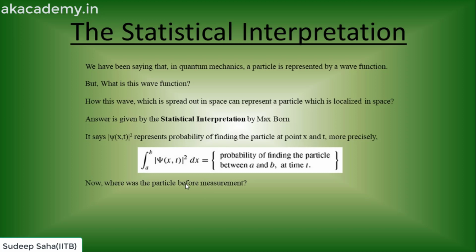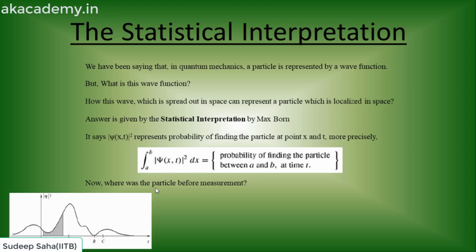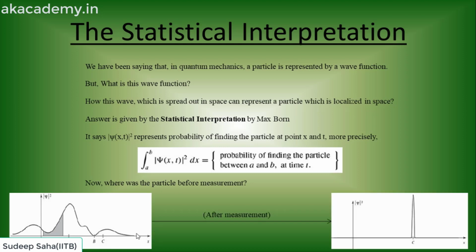Because we say that a particle is described by a wave, it's actually spread over the space. Now an act of measurement forces this wave to collapse to a particular position, and that's where we find the particle if we carry out a measurement on the system.